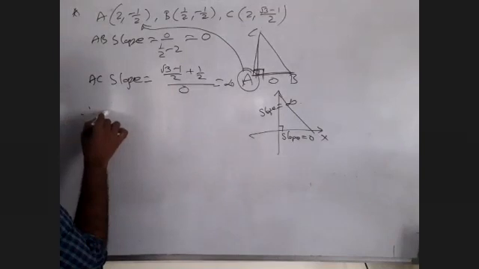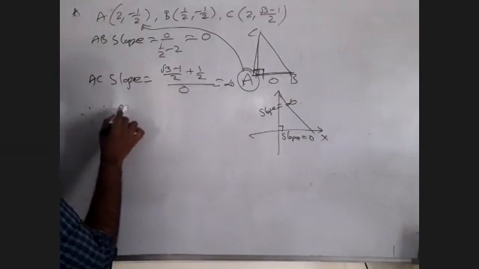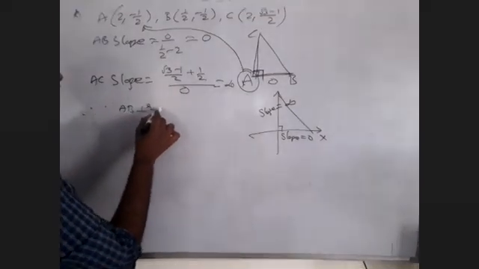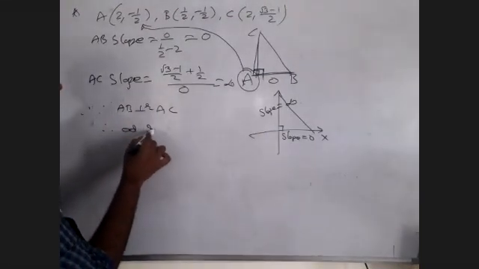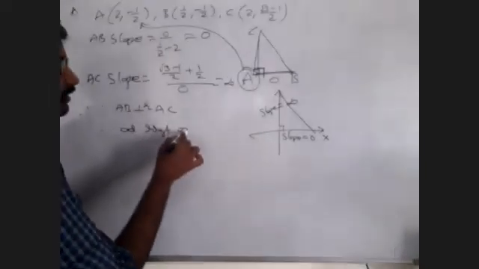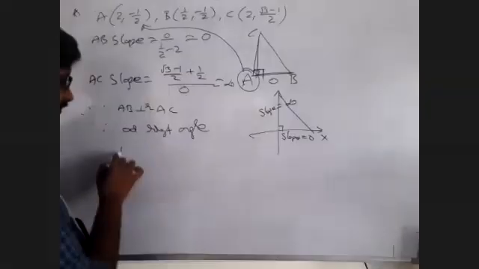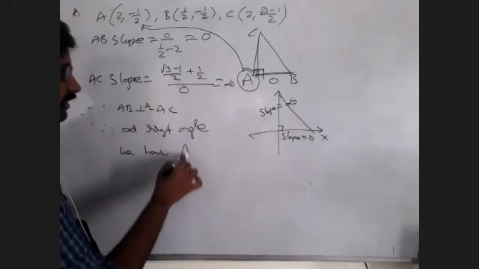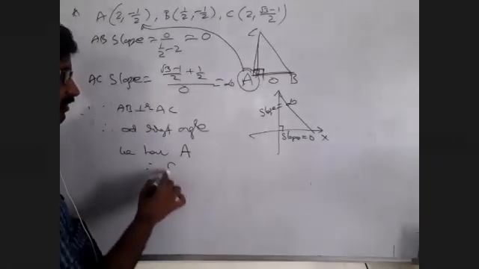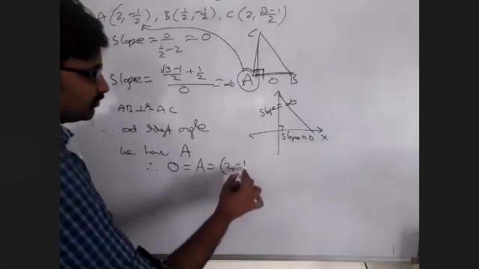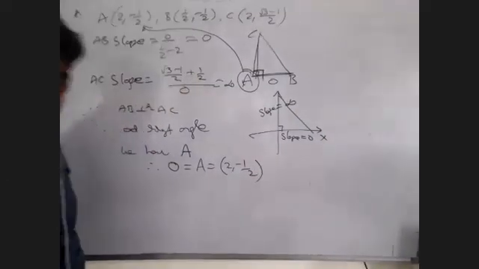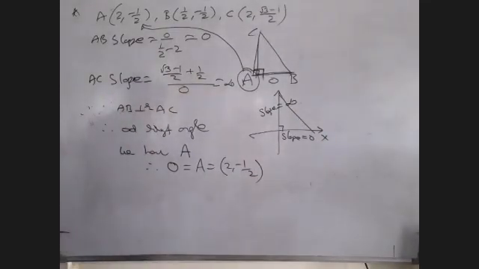Therefore, you have to write: since AB is perpendicular to AC, at the right angle we have A. Therefore, the orthocenter is vertex A, equal to 2 comma minus 1 by 2. That is the answer.